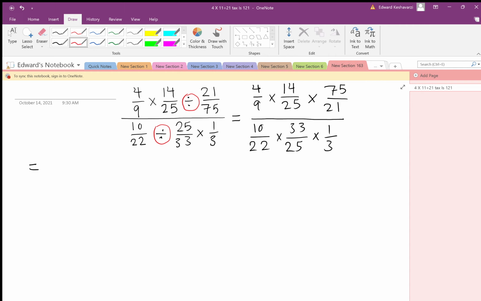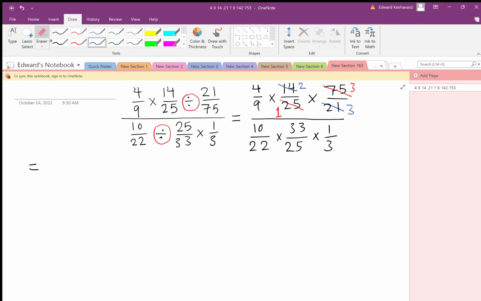So I think 25 and 75, you can simplify these two. 25 divided by 25 is 1, and 75 divided by 25 is 3. Also, you can simplify 14 and 21, both are divisible by 7. So 14 divided by 7 is 2, and 21 divided by 7 is 3.